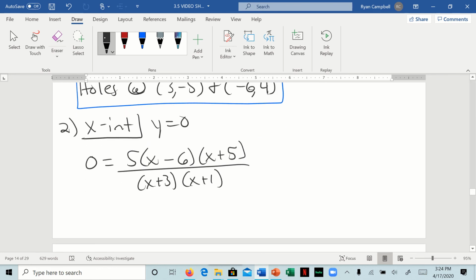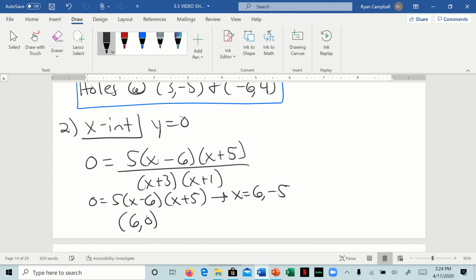Because when you multiply everything by the denominator, you end up with 0 is 5 times (x minus 6) times (x plus 5), right? So basically we see that this means x is going to be at 6 and at -5. So the points that we get for our x-intercepts are (6, 0) and (-5, 0).